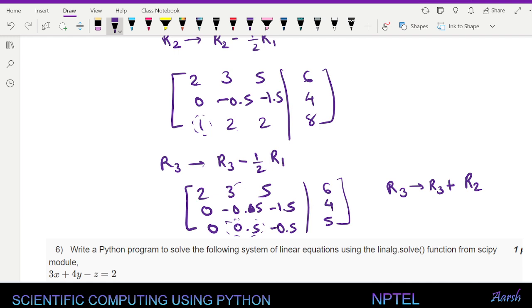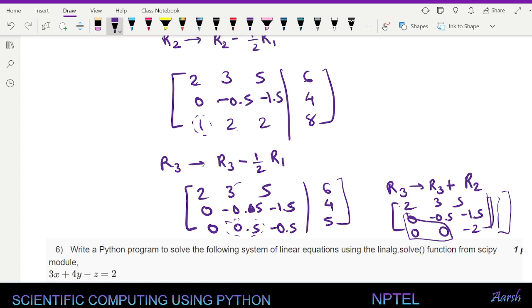Okay, so 2, 3, 5, 0 minus 0.5 minus 1.5, and this is 0 plus 0, then minus 0.5 and plus 0.5, so this is 0, and the sum of these two is minus 2, and now we got this thing. So this is called Gaussian elimination, and here we have three numbers, whatever they are.